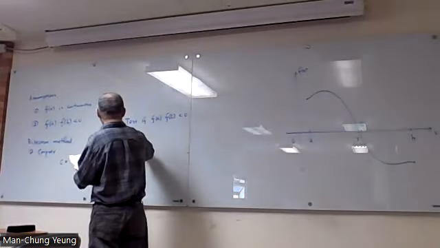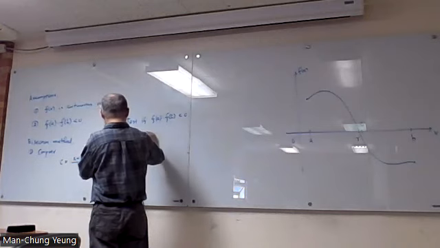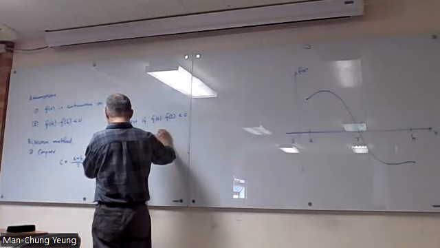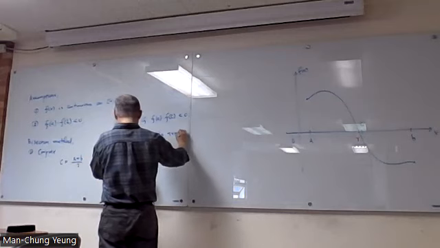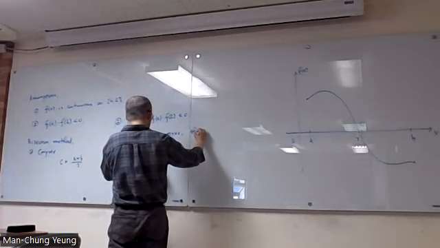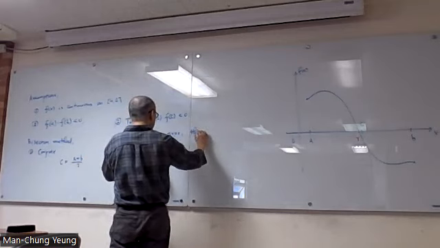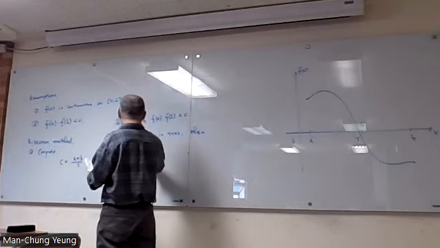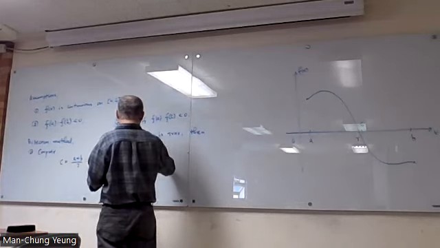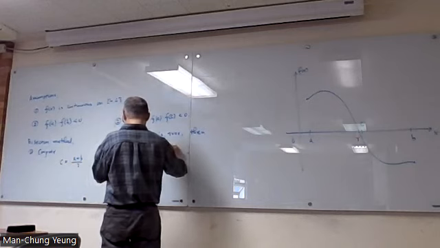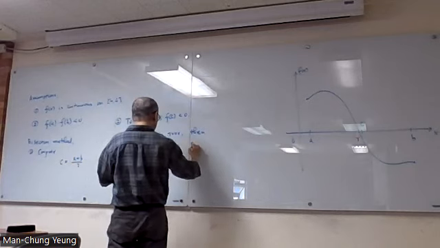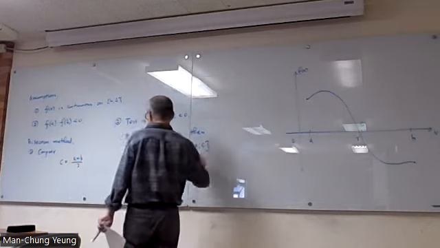Now if this is true, then the root R is in the interval AC. Makes sense, right?